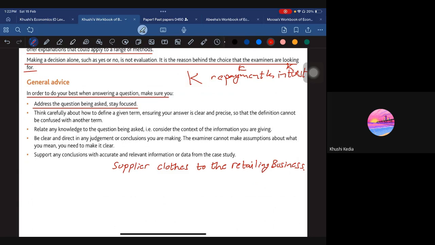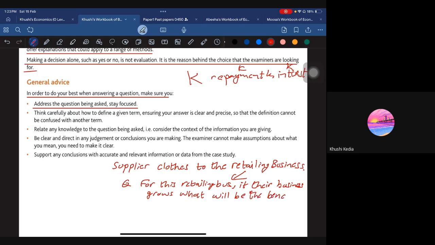So the candidate was asked, there was a question which says that for this retailing business, if their business grows, what will be the benefit to supplier?